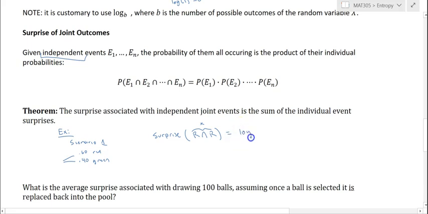So using our concept of surprise as inversely related to the probability of the event, we would have 1 over the probability of getting 2 reds. And if we assume that we replace the balls back into the pool, then the likelihood doesn't change, and so we would expect a 60% chance of drawing the first red, followed by a 60% chance of drawing the second red.